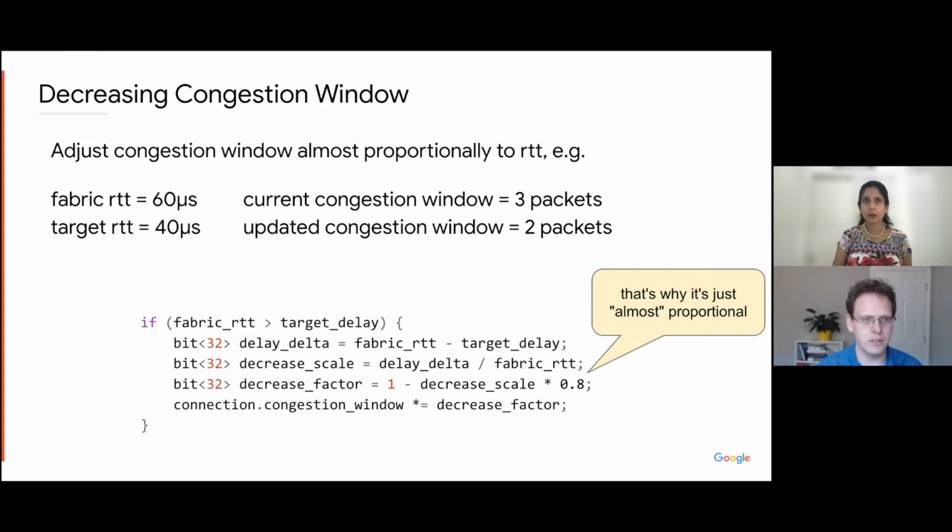Then we would adjust our congestion window proportionally. So right now, if we're sending out 3 packets per round trip time, we would now only send out 2. So we're slowing the rate at which we're sending. You can write this math down in P4 as well. There's a little bit of a subtlety. It's not quite proportional, but it's easy to express. Okay, can you go to the next slide?